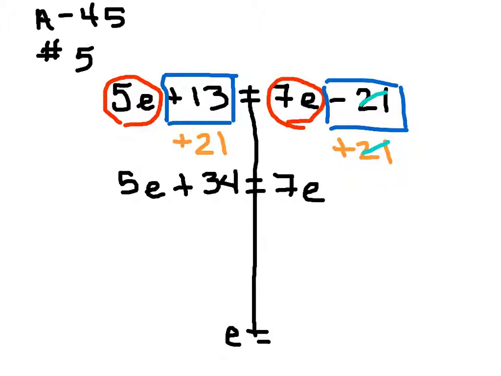All right, so now I see I have 5e on this side and 7e on this side. So this is a positive 5e. To move it over here, I'm going to subtract 5e from both sides of the equation. So let's go ahead and do that. Here I'm going to subtract 5e, and I'm going to subtract 5e.